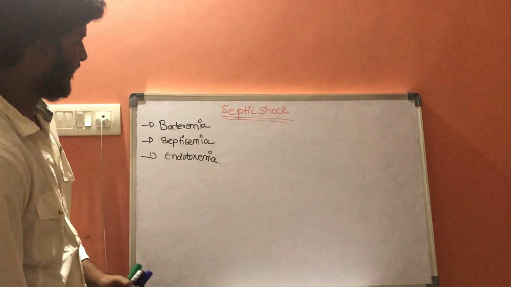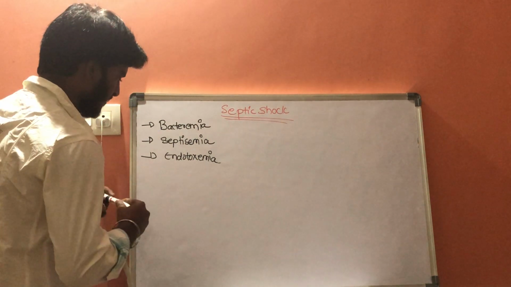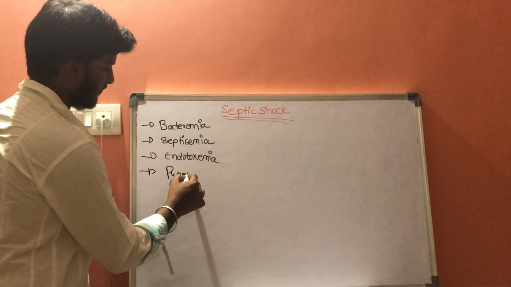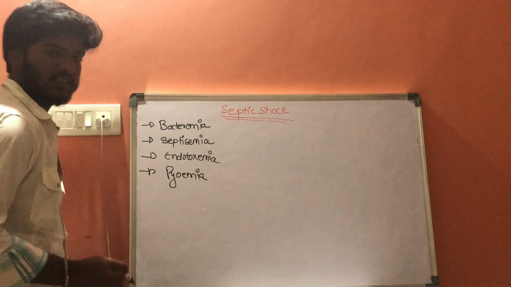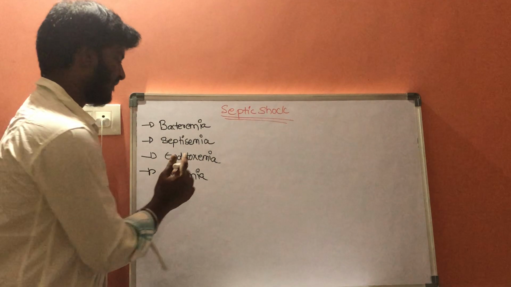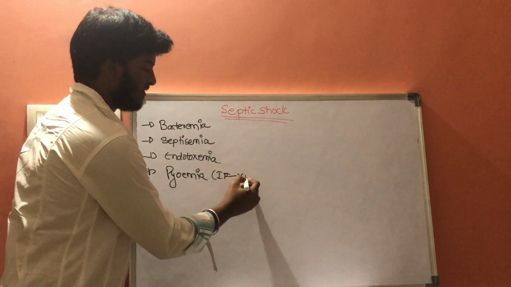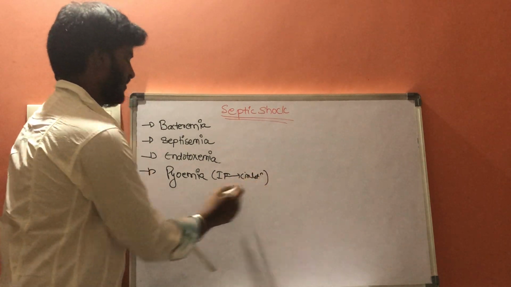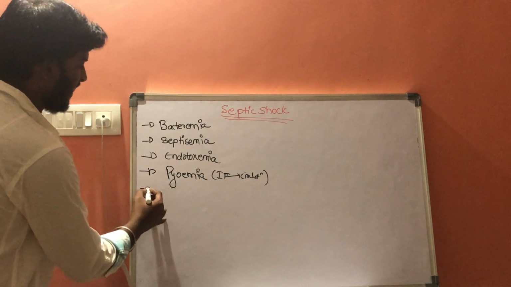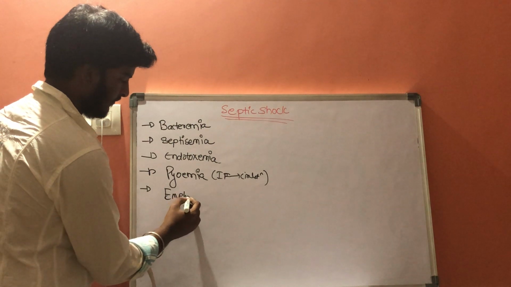Another term is pyemia. What is pyemia? Movement of pus from the interstitial fluid to the circulatory system is called pyemia. And the next one is empyema.